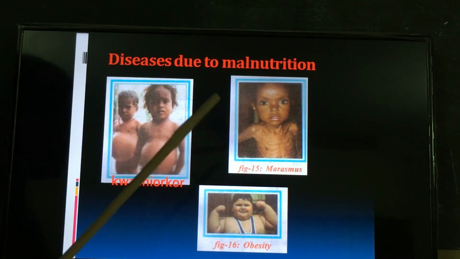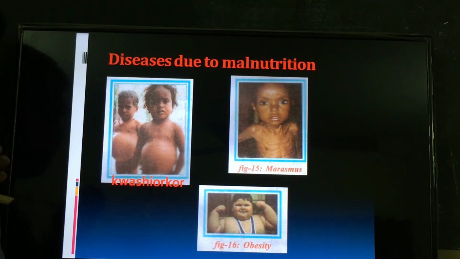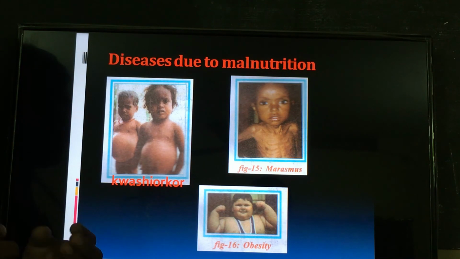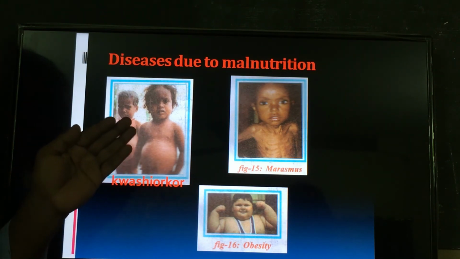What is the treatment of obesity? To control obesity you have to take a balanced diet and regular exercise. We know that the tissue which stores fat in our body, learned in 9th class, is called adipose tissue. When the adipose tissue stores more fat, the body size automatically increases.